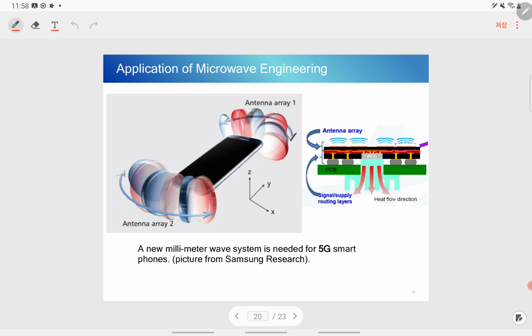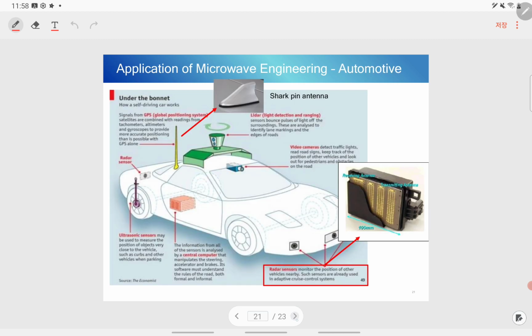This is the antenna implemented in the 5G cell phone so that we can receive the 5G 28 gigahertz signal efficiently. This is a technique implemented in the semiconductor chip so that the size can be smaller and implemented in the cell phone, right? Very compact form.